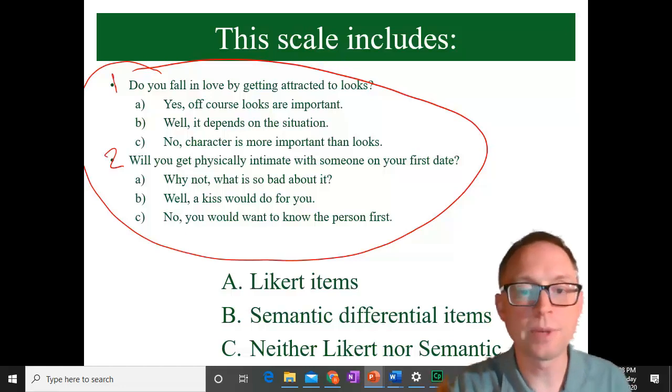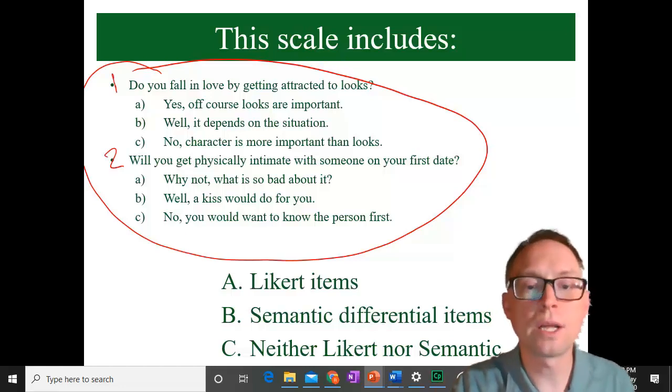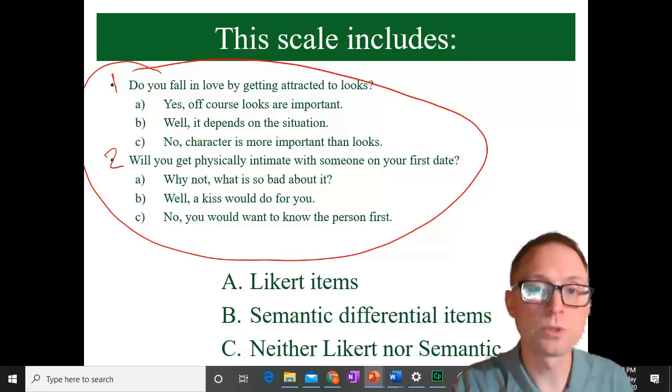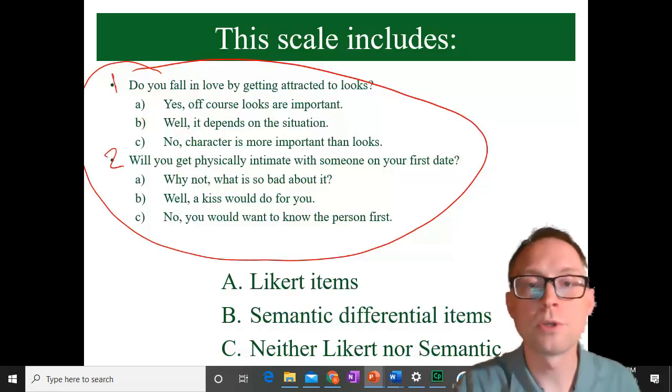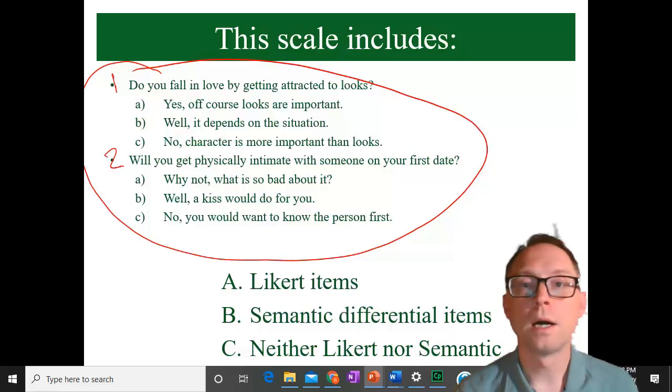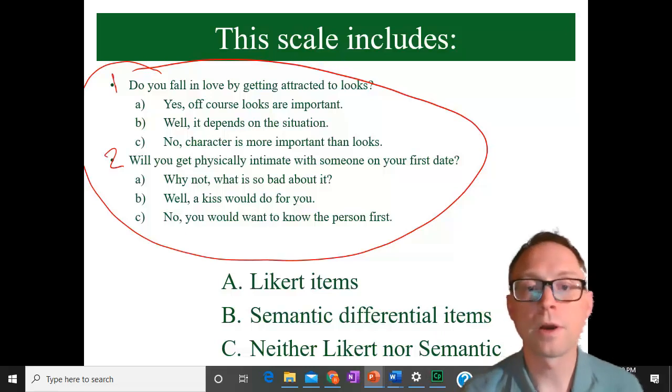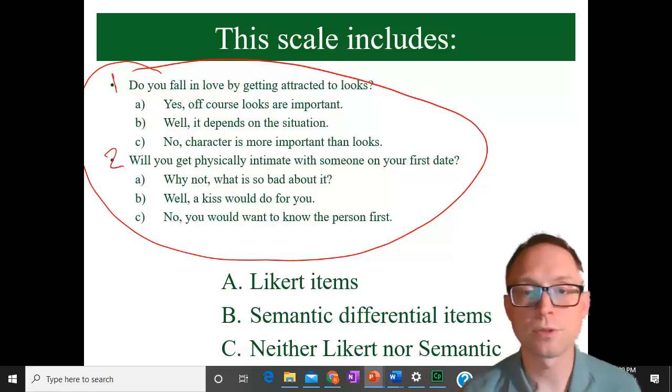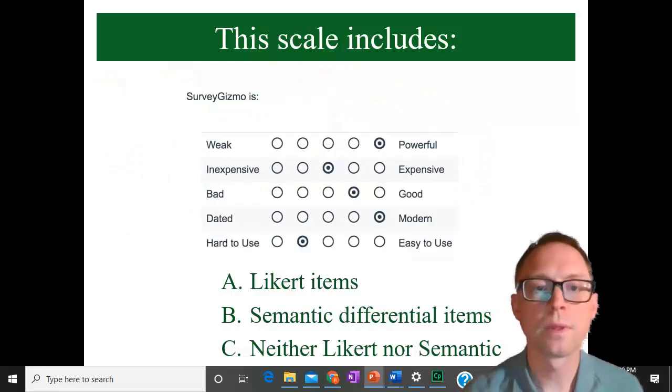These are definitely items, but they are not Likert type items and they're not semantic differential items. They are forced choice as opposed to open-ended items, but they are neither Likert items nor semantic differentials. So let's keep going with this.